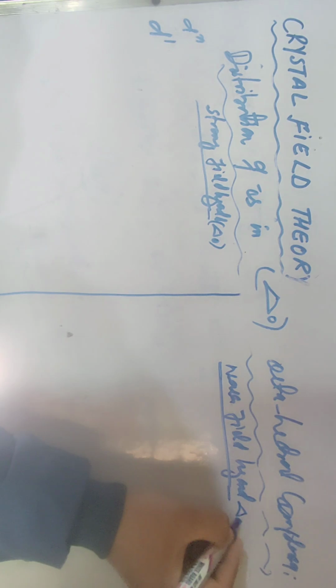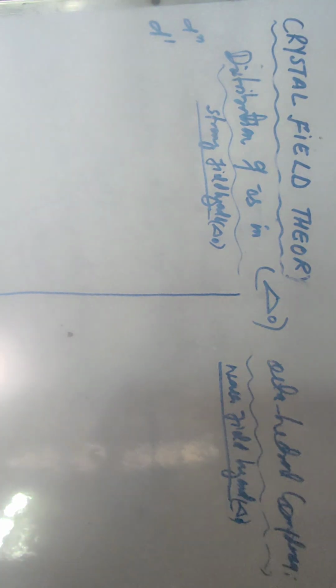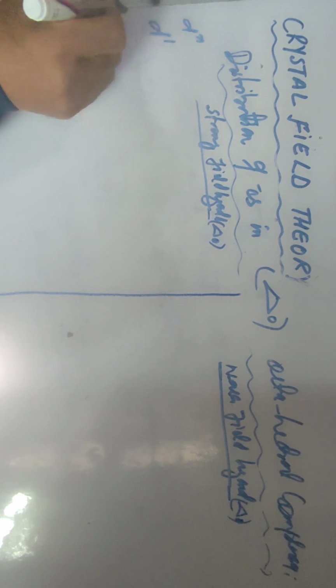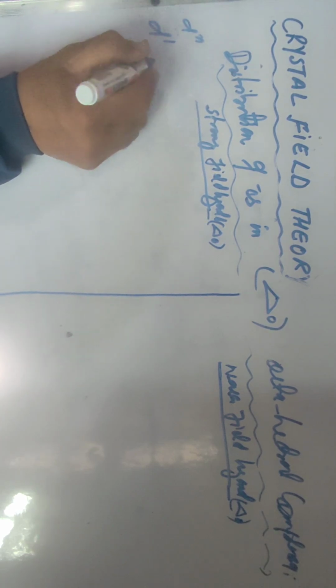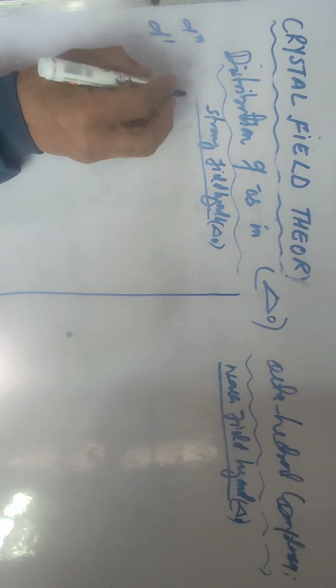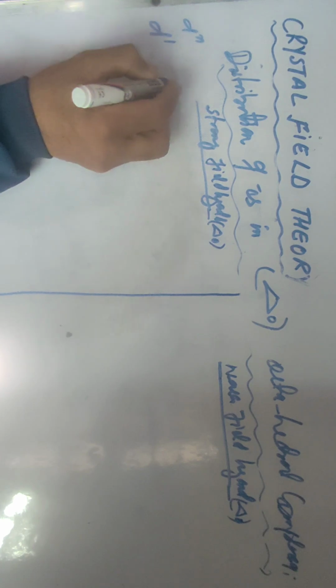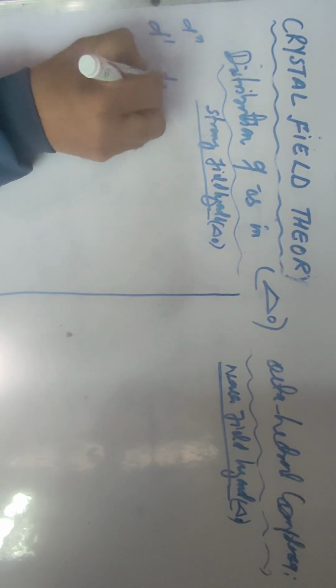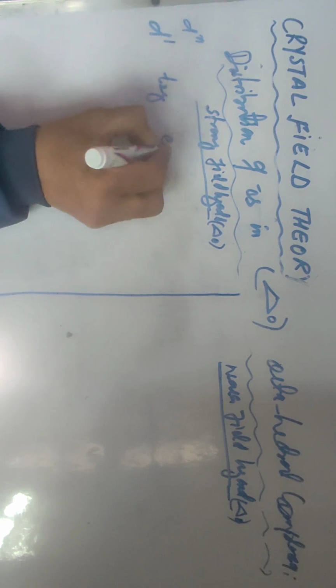This is also the splitting of octahedral complexes with weak field ligands. But if you have this d1 central metal ion, what will actually happen? You know, the d orbital in octahedral is split into a t2g set and an eg set.